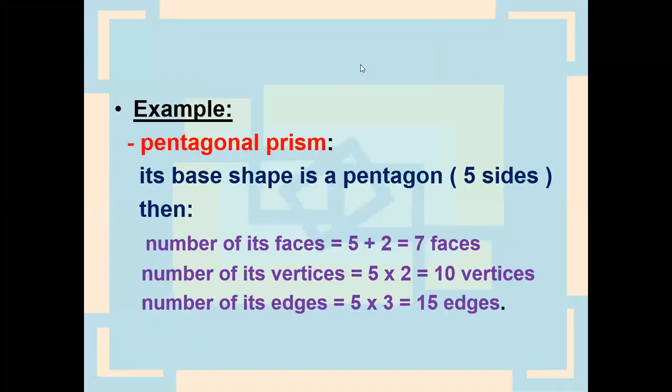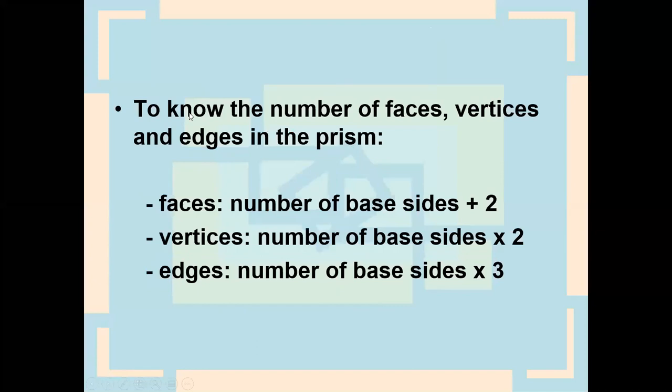To know the number of faces, vertices, and edges in the prism: faces, number of base sides plus 2. Vertices, number of base sides multiply 2. Edges, number of base sides multiply 3.